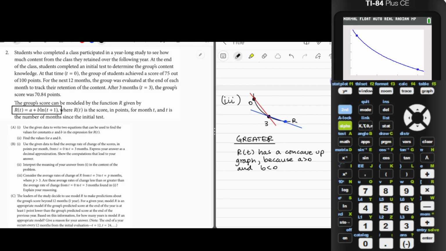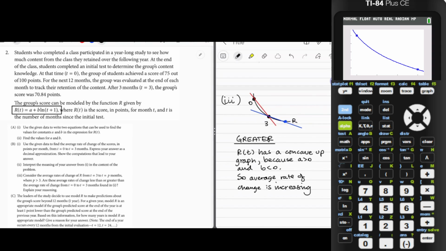But we can't prove that. We don't know calculus yet. We're going to know that just in a few months. But for now, we're just going to say that's the reason. And concave up, so average rate of change is increasing.